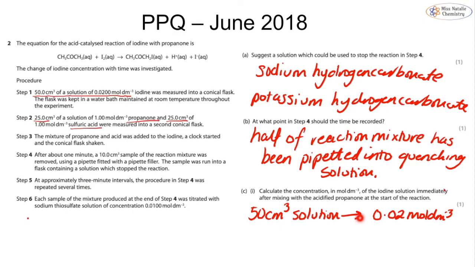So we're adding in an extra 50. That's going to put our solution up to 100 centimeters cubed. Now, if we are doubling the volume of our solution, we must then be reducing our concentration. So because we're doubling the volume, we must be reducing the concentration by half. So by half would bring us down to 0.01 moles per decimeter cubed.